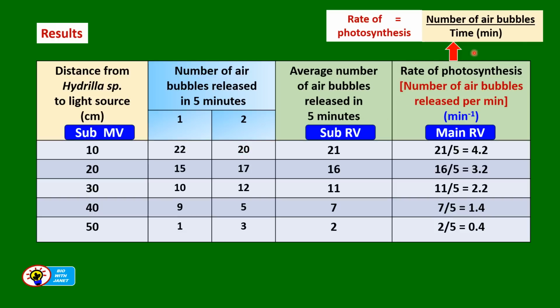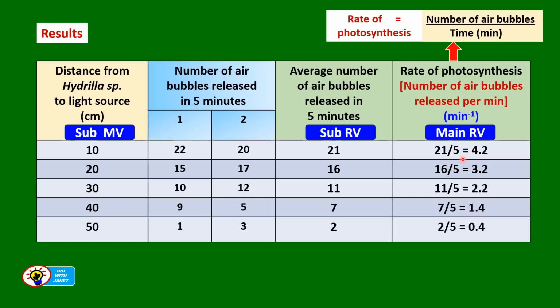Now, finally, you may be asked to calculate the rate of photosynthesis. How to calculate rate of photosynthesis? In this case, the rate of photosynthesis is the number of air bubbles produced per minute, and the time here is in minutes. So, if in 5 minutes 21 air bubbles are released, then in 1 minute, how many air bubbles are released? 21 divided by 5.